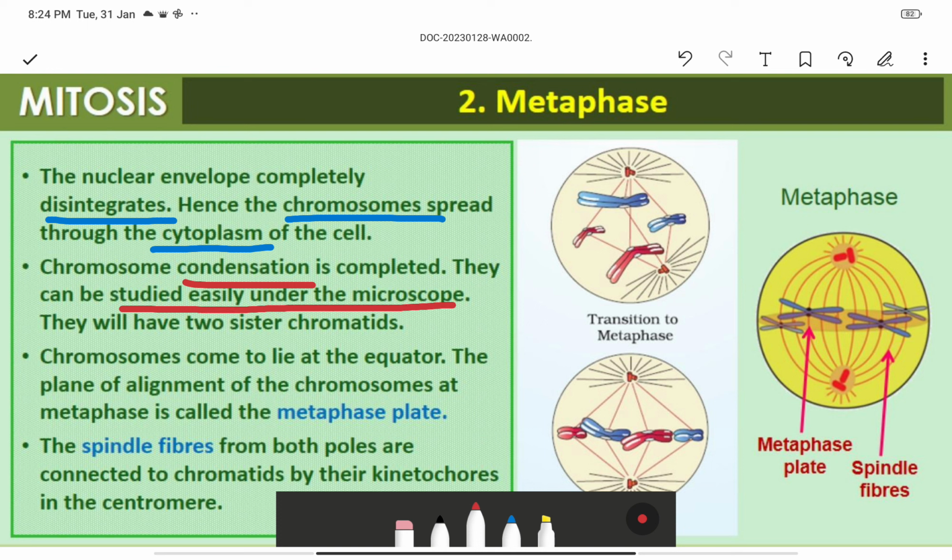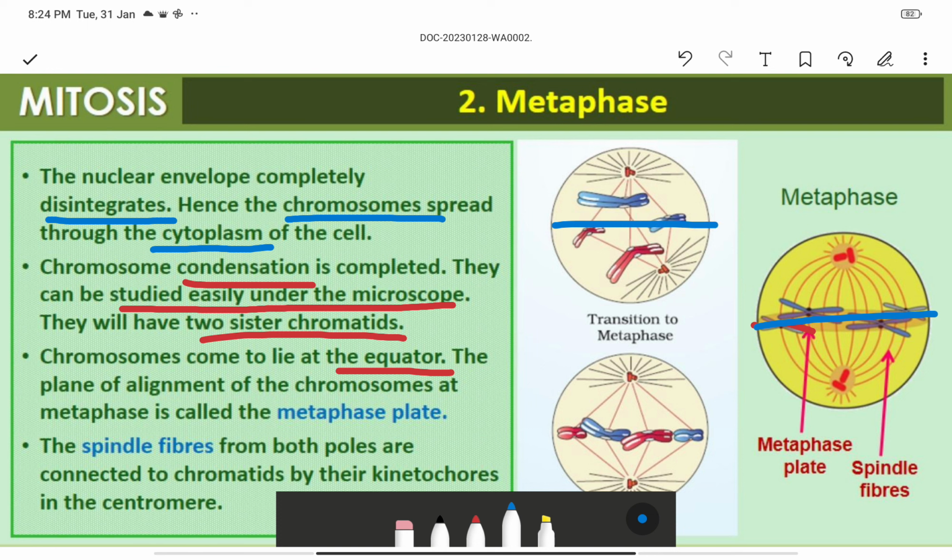When we cut the onion root tip early morning and focus in the microscope, we can see the metaphase chromosomes clearly. They have two sister chromatids. Here the chromosomes come to lie at the equator. This is the equator, the plane of the blue line I drew here. The middle of this is the equator plate.